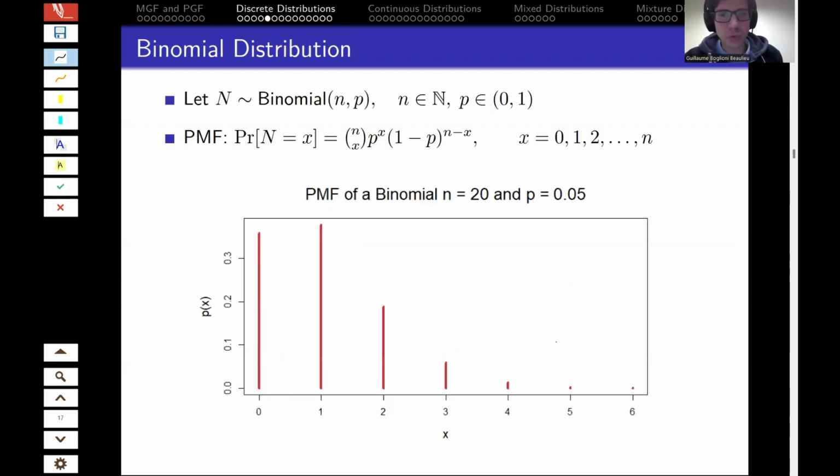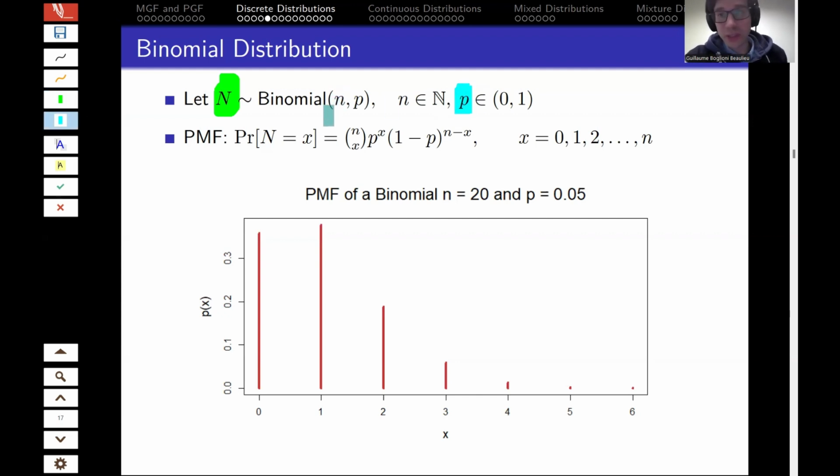Now the binomial distribution. This one has a very straightforward interpretation. If N is a binomial, N would be counting the number of successes in n independent trials, where every trial can be either a success or a failure, and it would be a success with a fixed probability p.